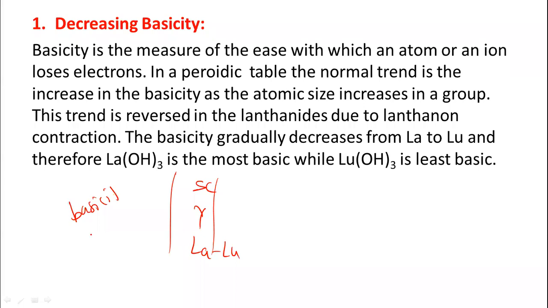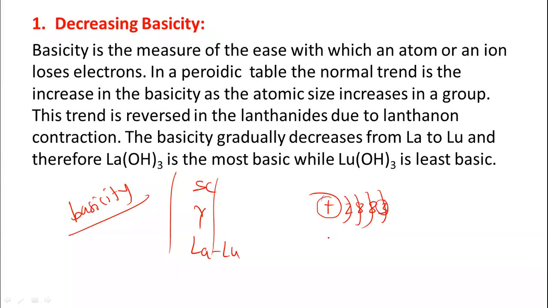Basicity also increases because as the atomic size increases, suppose scandium, let us represent the nucleus of scandium, atomic number 21. It has 2, 8, 8, then 3d1 4s2, which means 3 electrons in the 4th energy level.